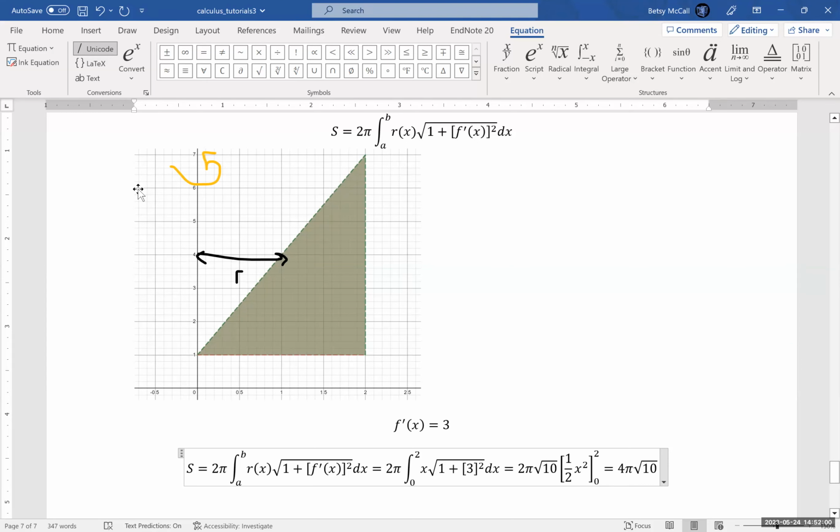It's just the variable. If you're rotating around other lines, then you have to worry about the axis of rotation. It might be the axis of rotation minus x, or it might be x minus the axis of rotation, again depending on the order and the orientation. But that's the only thing that changes.